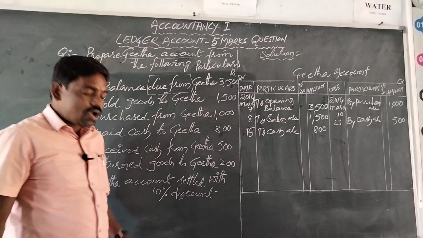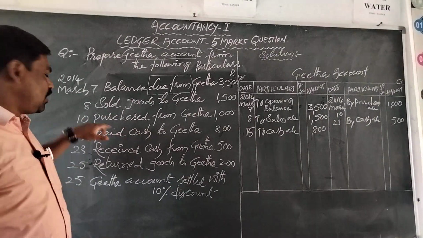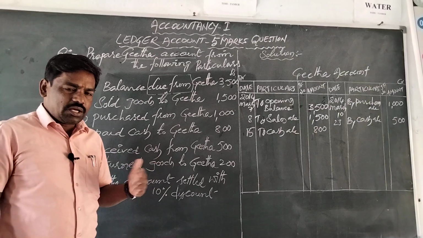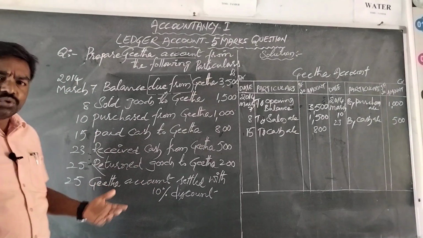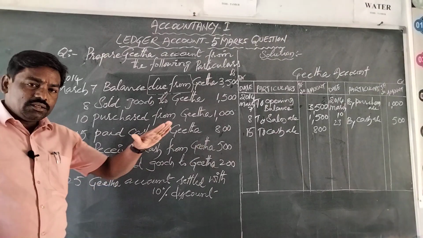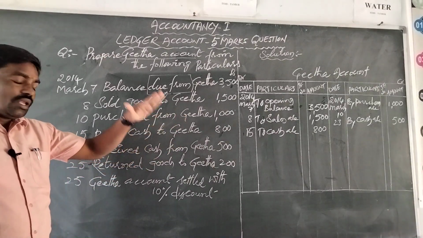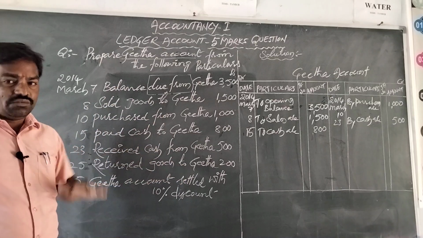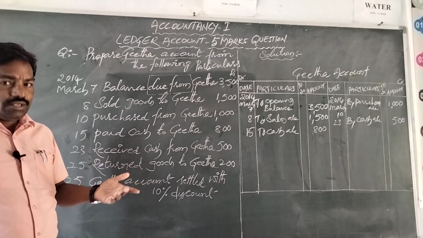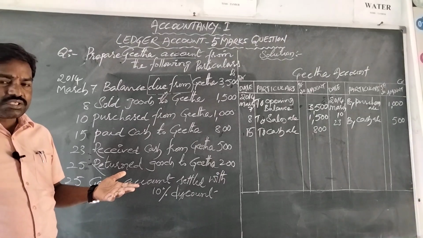Here what's happened: on 10th we purchased the goods from Geeta. Because of some defects in the goods, we returned the goods to Geeta. When we return the goods to Geeta, is Geeta the receiver or the giver? Yes, receiver. Receiver account should be debited as per personal account principle.